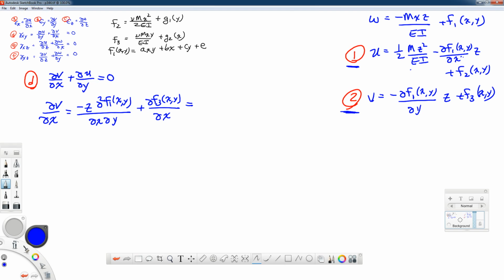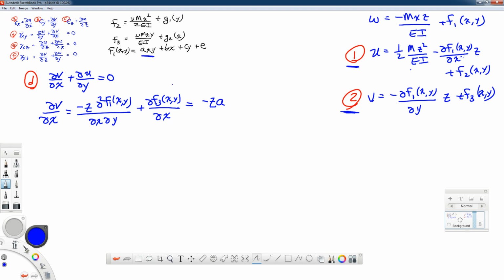We have a functional expression for f1 and f3, so we're going to go ahead and use them at this point. So we've got a minus z. We'll use d in just a second, but we have an expression for f1. If we take the first partial derivative of that with respect to x and the second partial with respect to y, all we're going to have left is a. So that comes from this term right here.